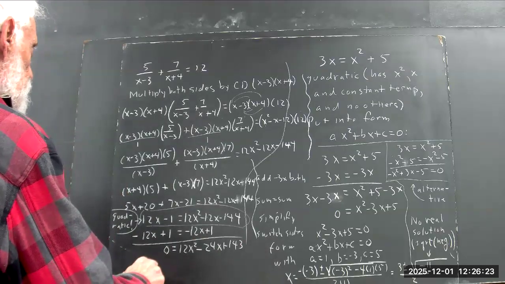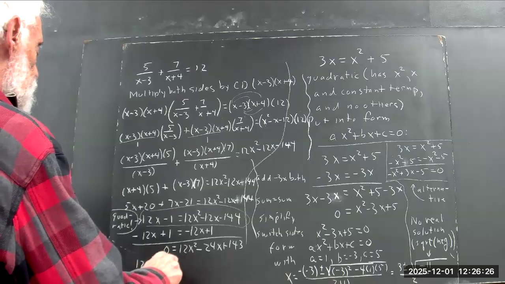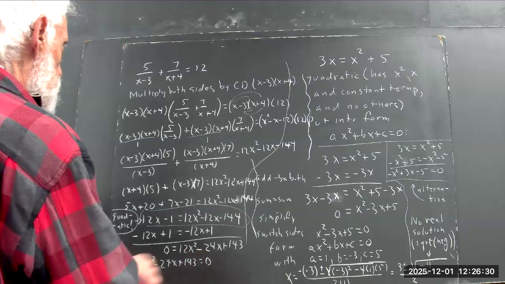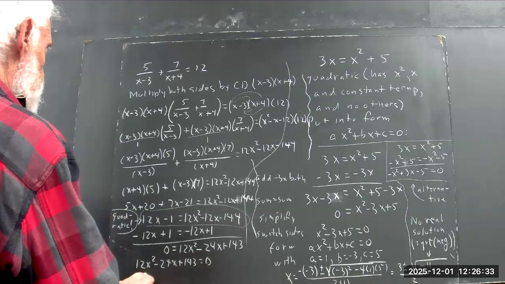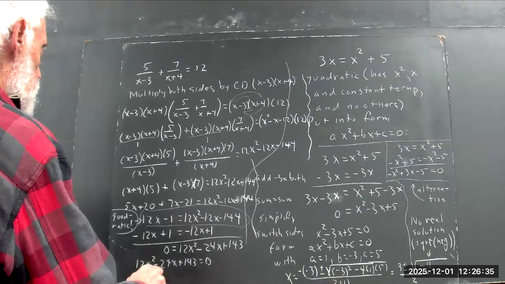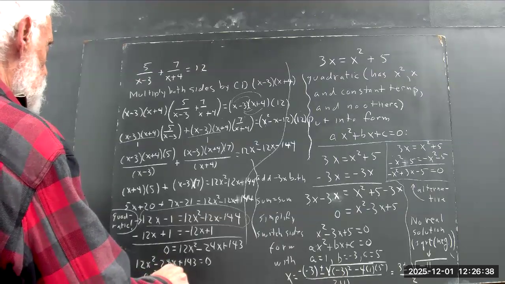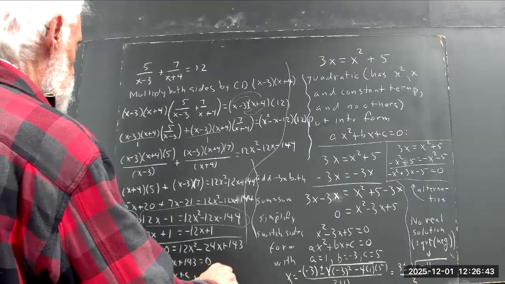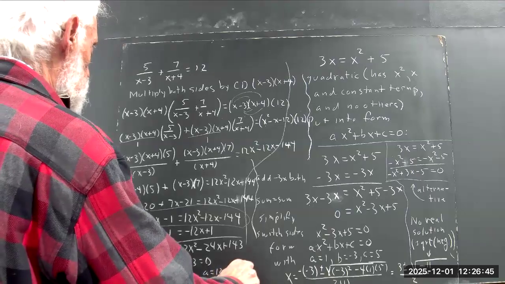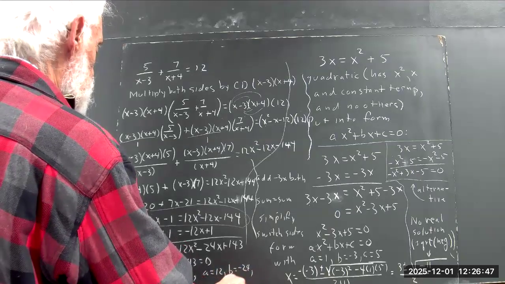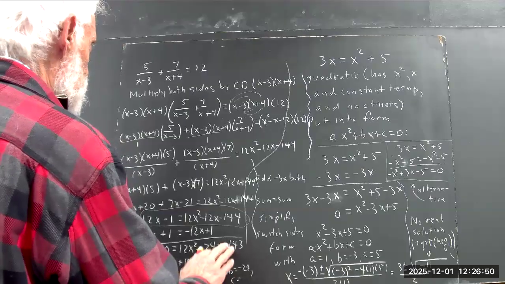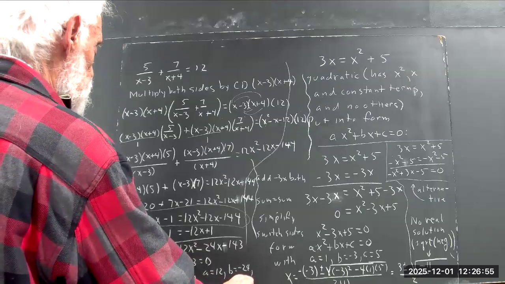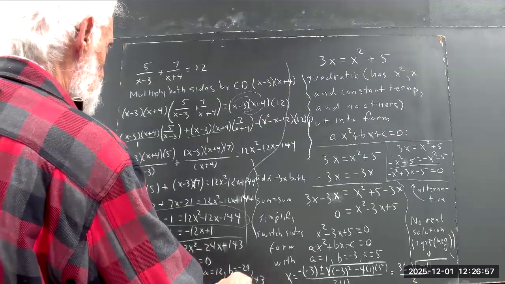Or if we want to write it in the standard form, ax squared plus bx plus c, where a equals 12, b equals negative 24, c equals, this should be minus 143, be very careful. c equals negative 143.